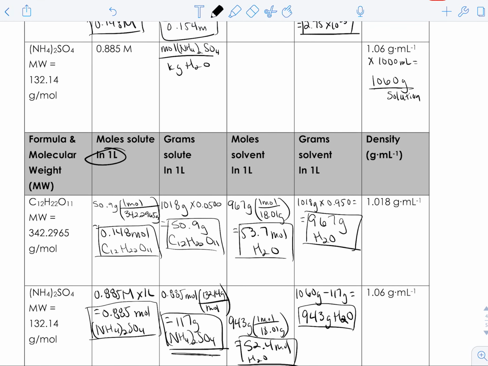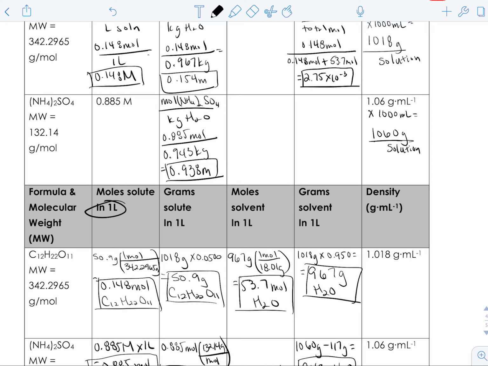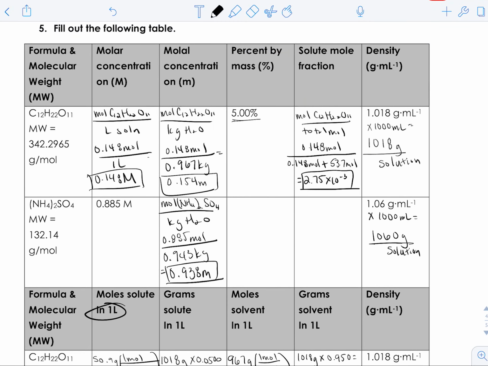So moles of ammonium sulfate, 0.885 divided by our kilograms of water, 0.943, giving us a value of 0.938 molal. Now, as we notice, hopefully, our molality will almost always, especially for dealing with water, be larger than our molarity.